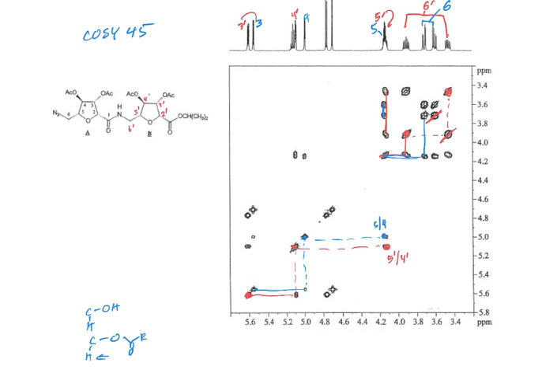Then we can go back up this way, past that one to here, or here, and this is going to be 2. No, that's 2 prime. 2 prime and 2.